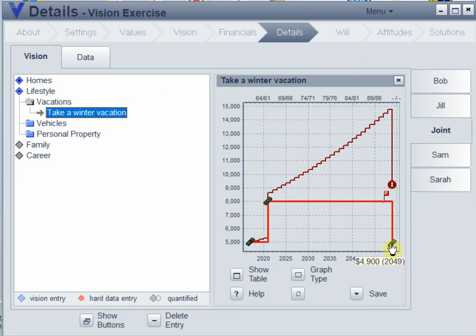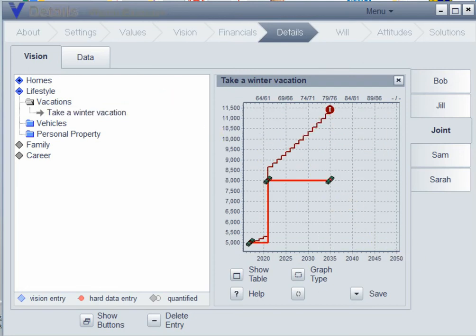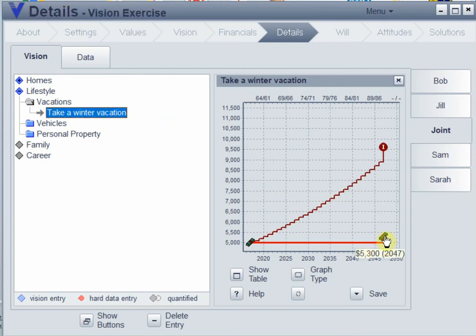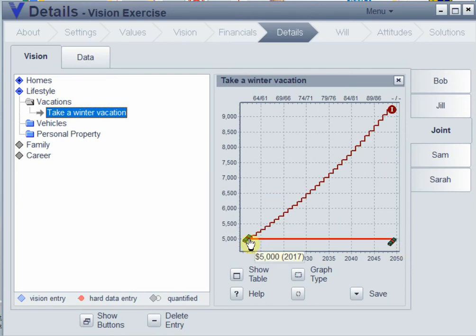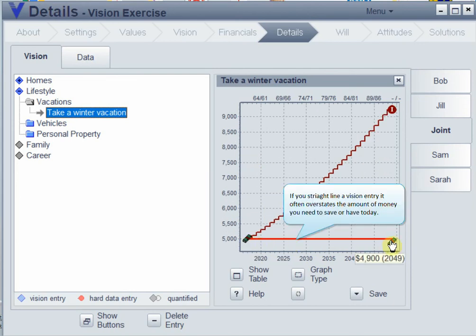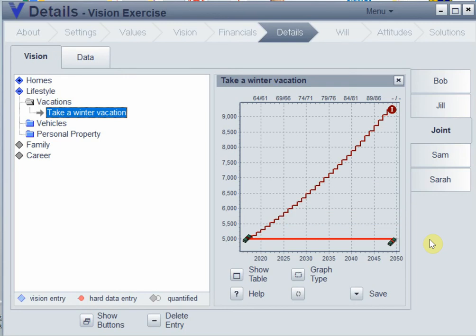And we may only do vacations for a certain length of time, and at a certain age you may stop. It's very hard to get that kind of information on a questionnaire. And often what happens if it's done on a questionnaire, we just take the $5,000 and just project it right until your life expectancy. And when we do that, sometimes that overstates the value of your investments that you have to have today or save.